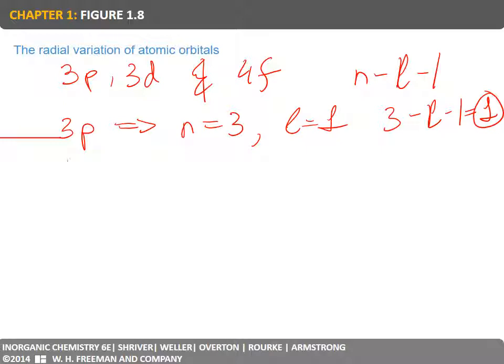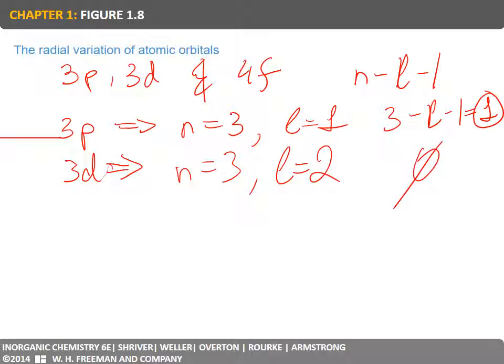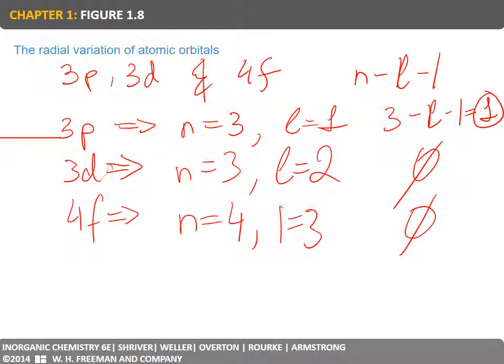The 3d: n equals 3, l equals 2. Therefore, we have 0 radial nodes. Same thing for 4f: n equals 4, l equals 3, therefore 0 radial nodes.